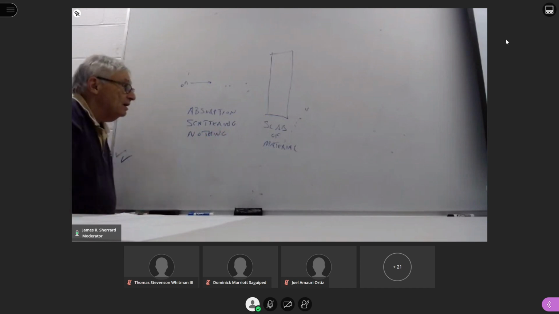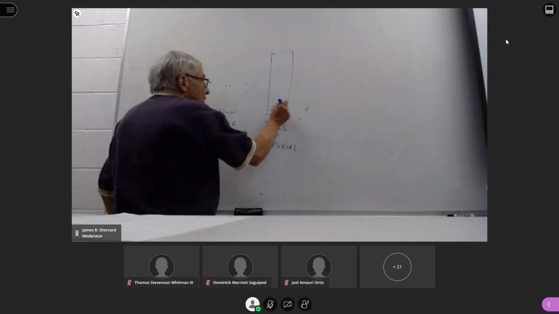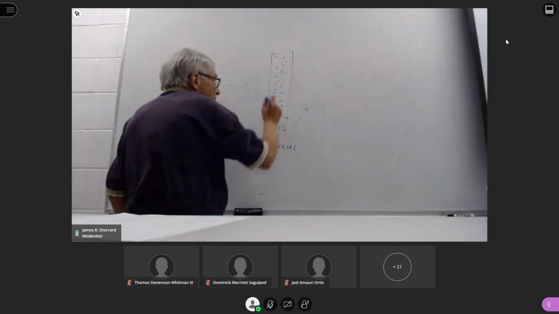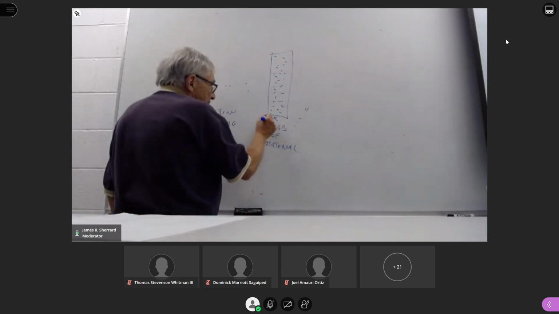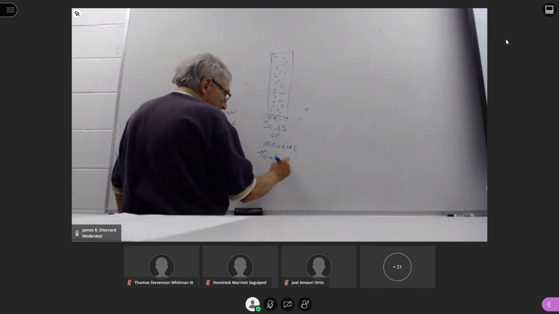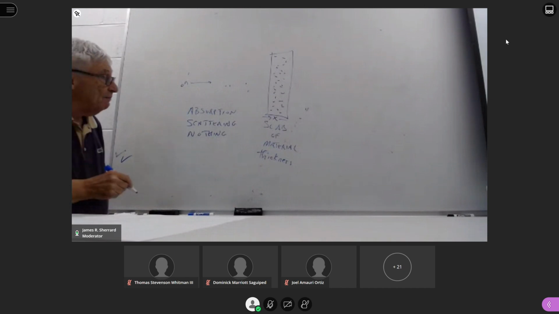Okay. So when it comes through, depending on what type of material you have, let's look at some of the variables here. If we look at X, which is the thickness, you would think the thickness might make a difference.